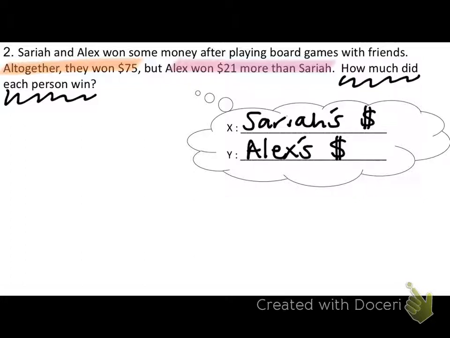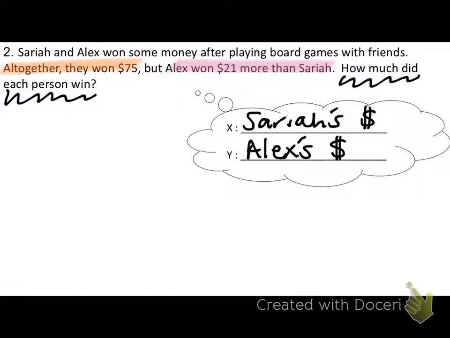Let's go ahead and write an equation for the orange highlight, and let's write an equation for the pink highlight. It says altogether they won $75. So if you put Soraya's money and Alex's money together, it would make $75. So let's put Soraya's money and Alex's money, X and Y, together.